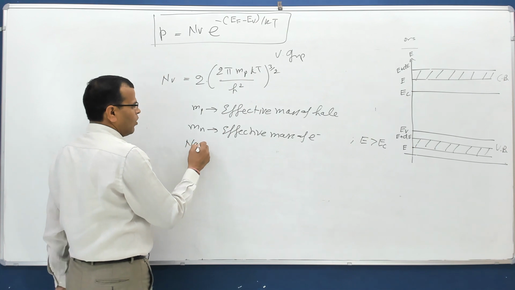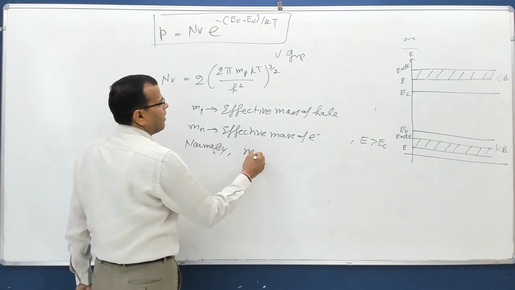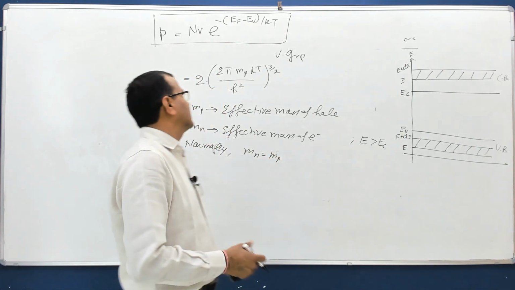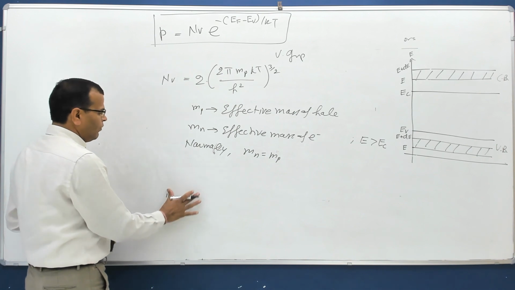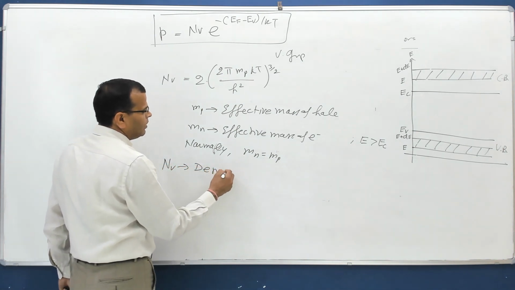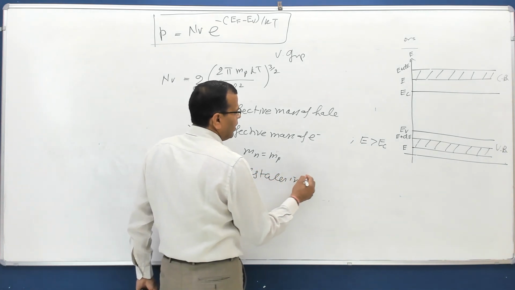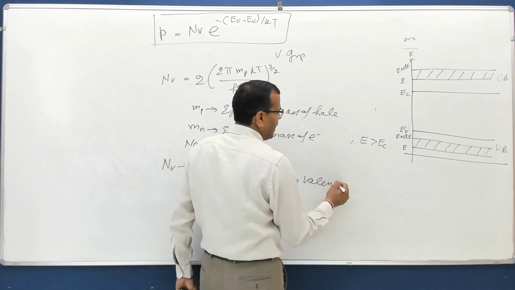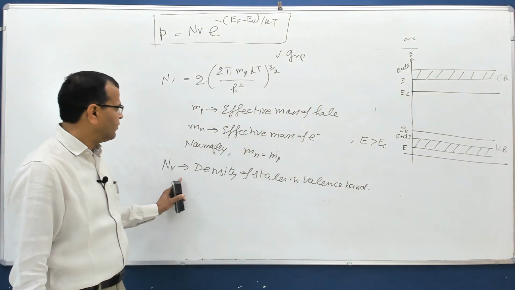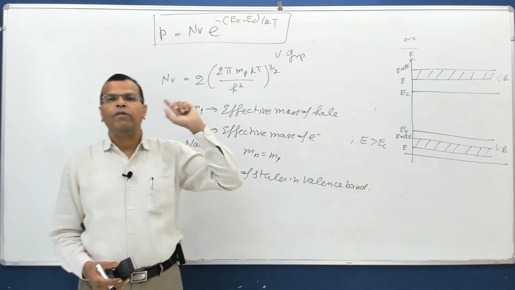Normally, I won't say always, we take Mn equal to Mp, but that is not true in all cases. Nv is called density of states in valence band. So this is the concentration of holes in the valence band.